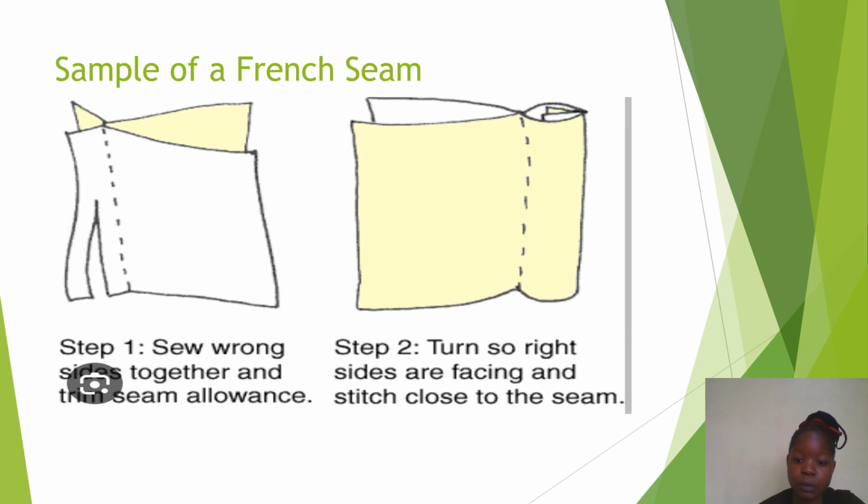Then step 2, after trimming, you turn your work to the right side. Now in step 1, wrong sides were facing, while in step 2, right sides are facing, and stitch close to the seam, and that is a completed French seam.